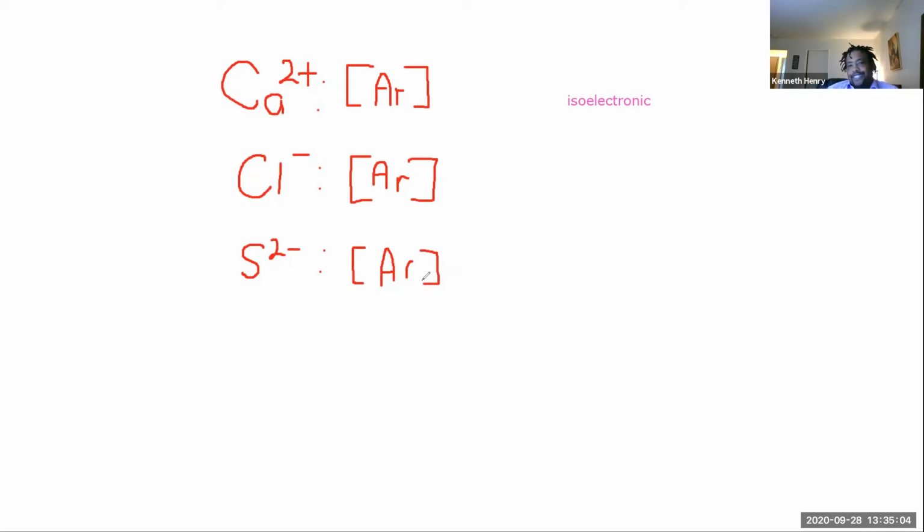So we want stability. That is the reason why we do the things that we do. That is exactly why these atoms become ions, because they want stability, and they try to find the best way of remaining stable. Okay, so you guys have a clear understanding of what isoelectronic means?